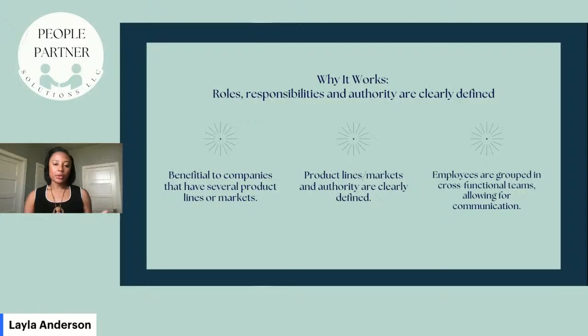Unlike the functional model, here they're grouped in cross-functional teams, able to communicate about the entire product or market and focus specifically on what they're delivering. Does that difference kind of make sense between the functional and the divisional models?